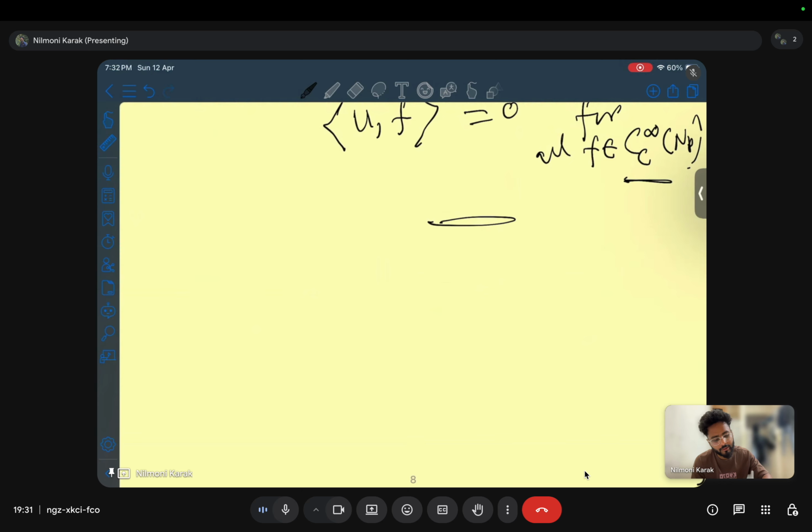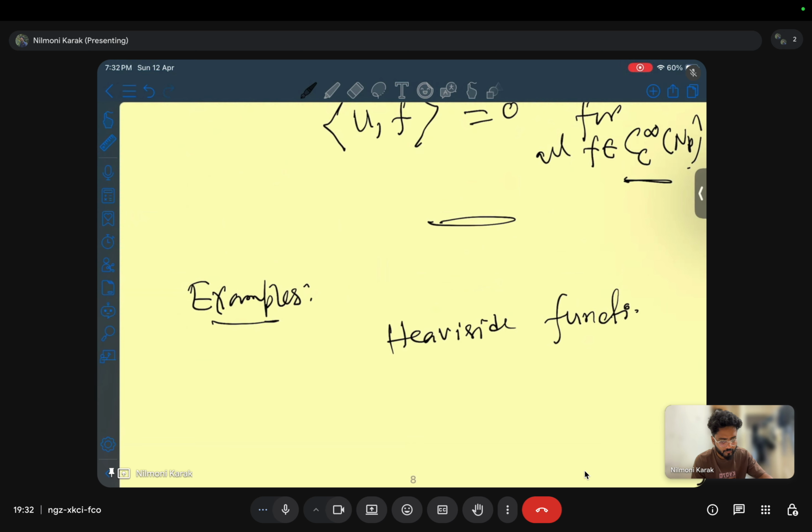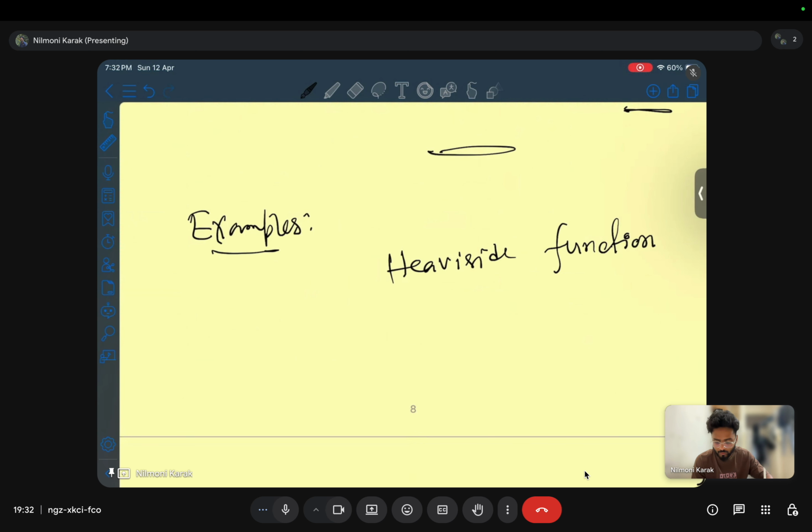Some examples. This Heaviside function H(x) has support [0, infinity).